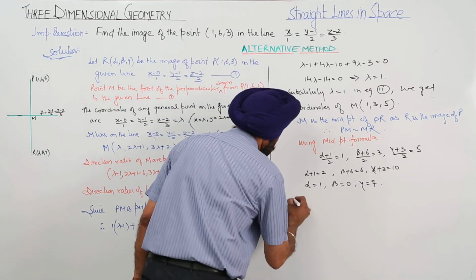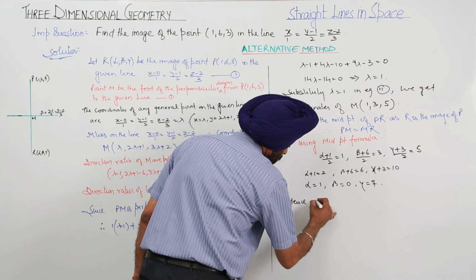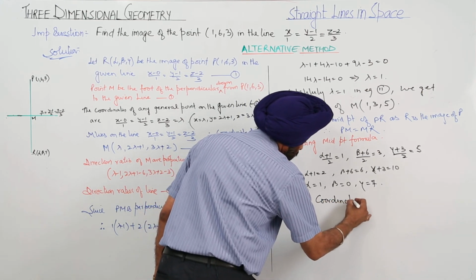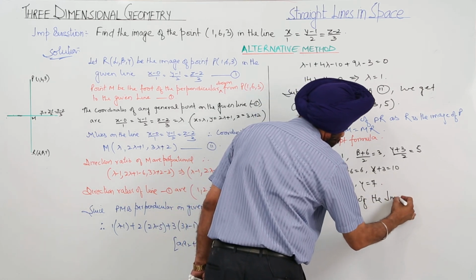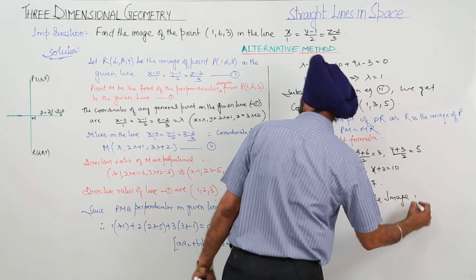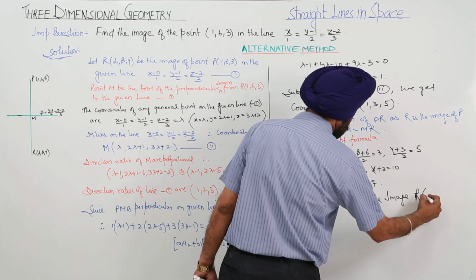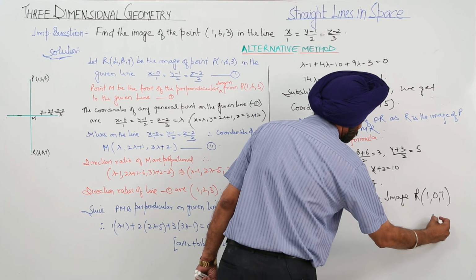Hence the coordinates of the image R are 1, 0 and 7. Now this is the answer.